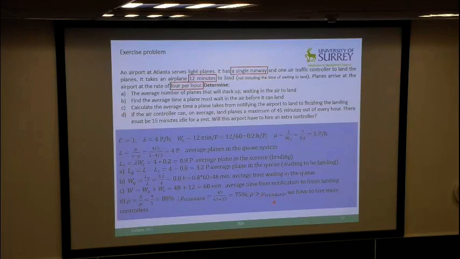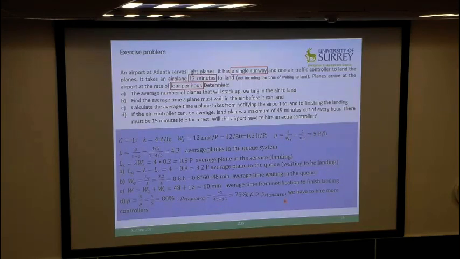That means we cannot let the controller rest for 15 minutes if he's working for 45 minutes. So we probably have to hire more controllers. We can simply compare the utilization and the standard: it's not possible to let him rest for 1/4 of an hour.